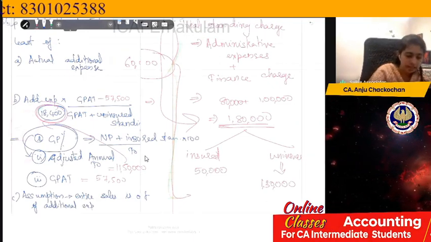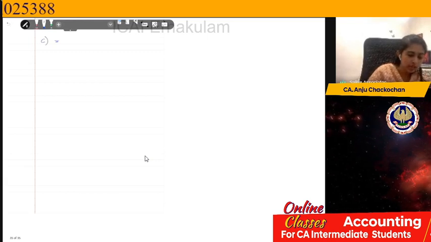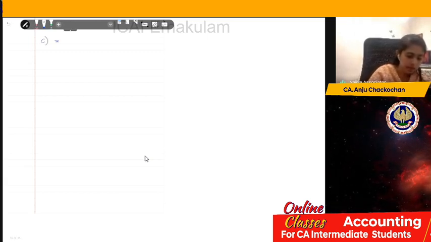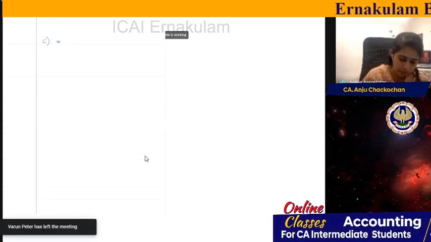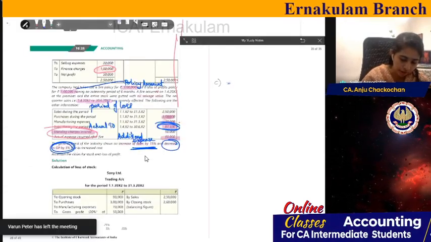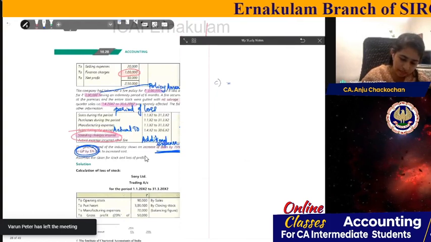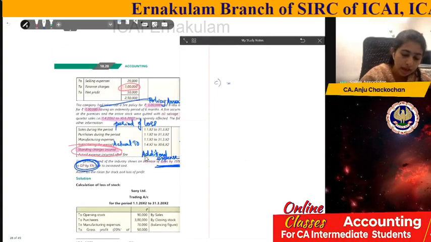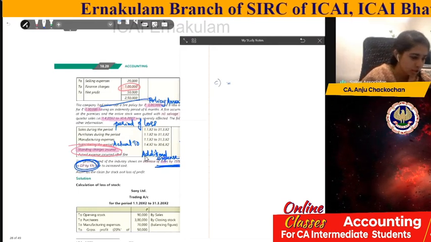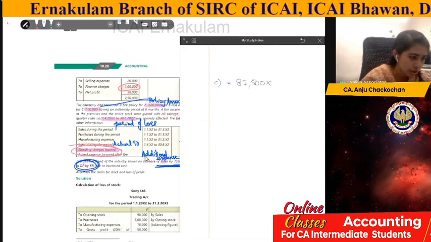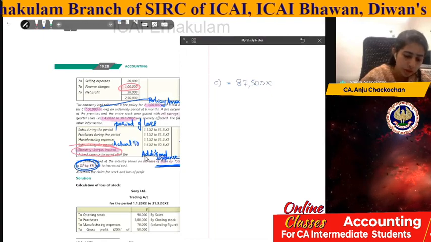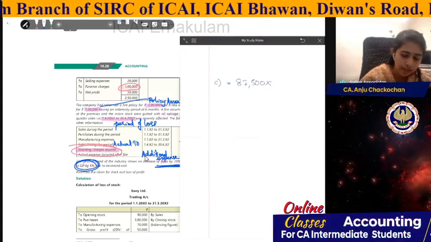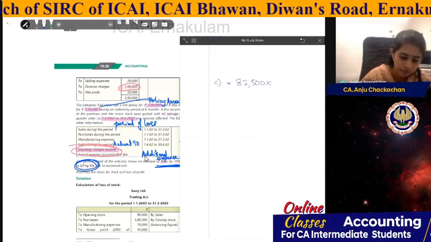So for point C, what was the additional expense? We know from the question the actual sales, actual turnover, is 87,500, and on that you apply the GP percentage of 5%, which you computed before. So you get the answer as 4,375.